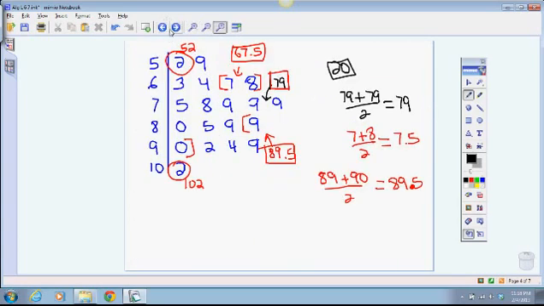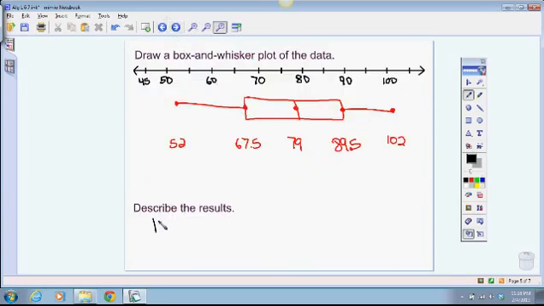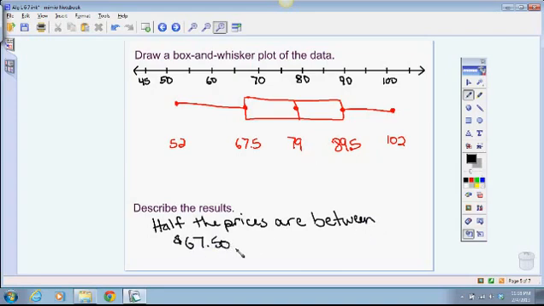You can say half the prices of the bicycle helmets lie between $67.50 and $89.50. Because we know half of the prices lie in this box here.